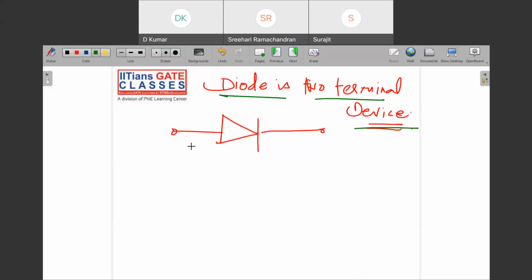Die means two, and there are two electrodes. One is anode, another one is cathode. Only two things you have to keep in mind. I'm not specific right now to semiconductor diode. Just consider this is the symbol of a diode, and you can see this is P and this is N.